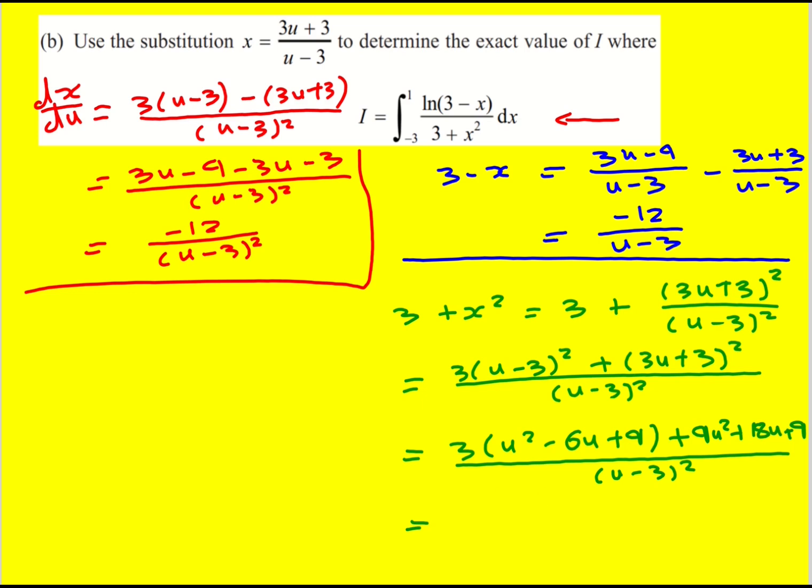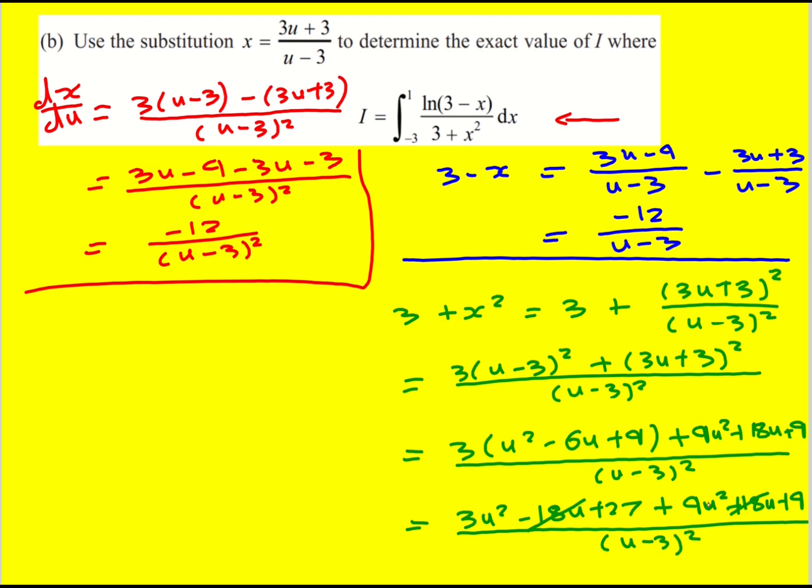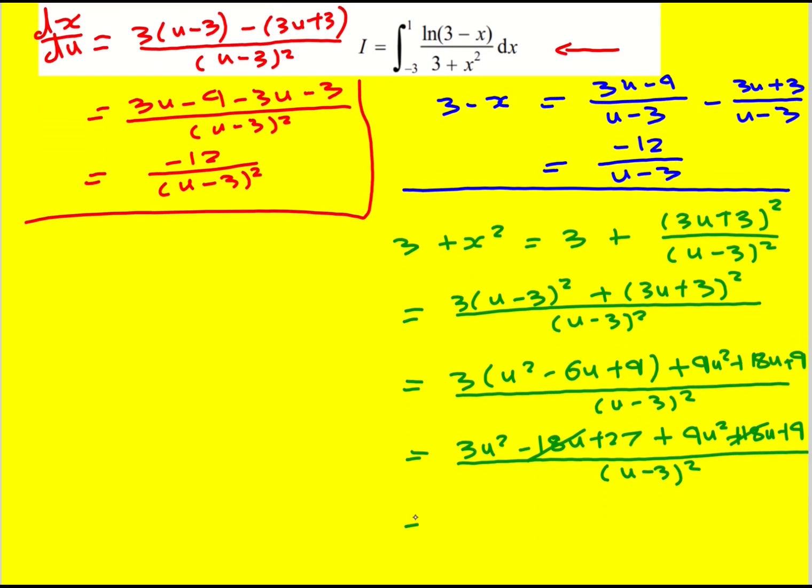I'm expecting this to cancel down quite well as well. So 3u squared minus 18u plus 27 plus 9u squared plus 18u plus 9. These cancel. Which gives me 12u squared plus 36 over u minus 3 squared.